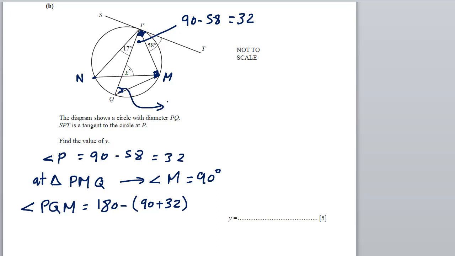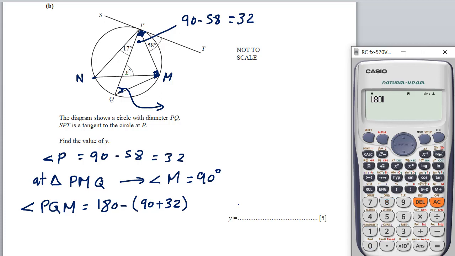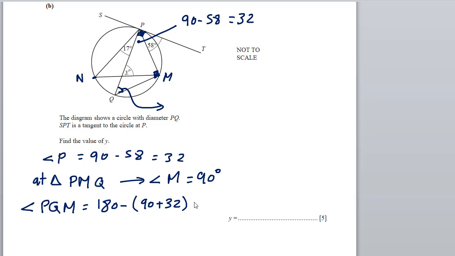So this angle now is equal to 180 minus (90 plus 32). So it's equal to 58. So this angle is 58.